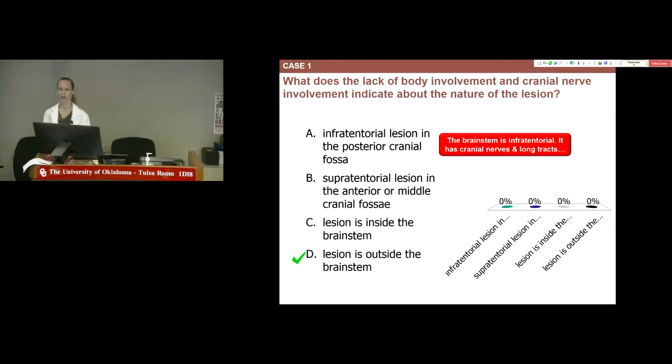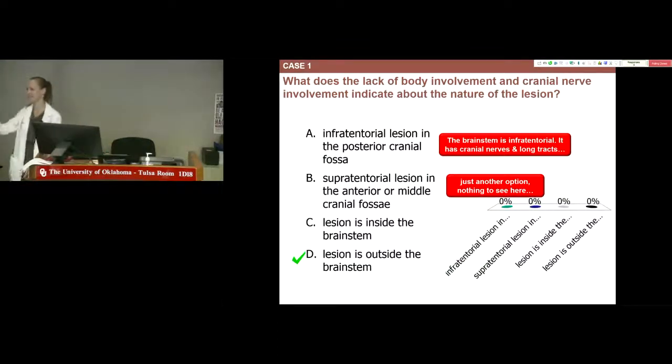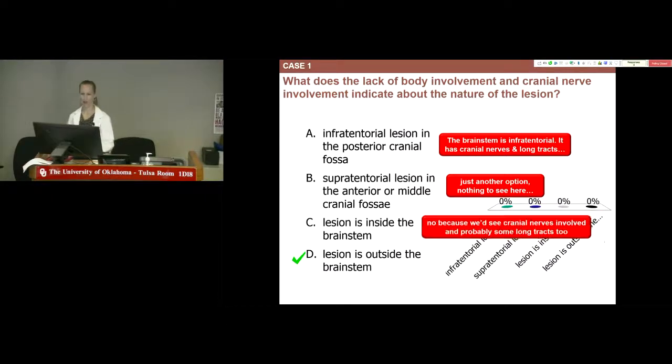Why? Well, the brainstem is infratentorial. So when we're seeing cranial nerve involvement plus involvement of the body, we need to think brainstem. That's not indicated here. Supratentorial lesion, it's just another option, just to throw you off, because I would never try and do that.